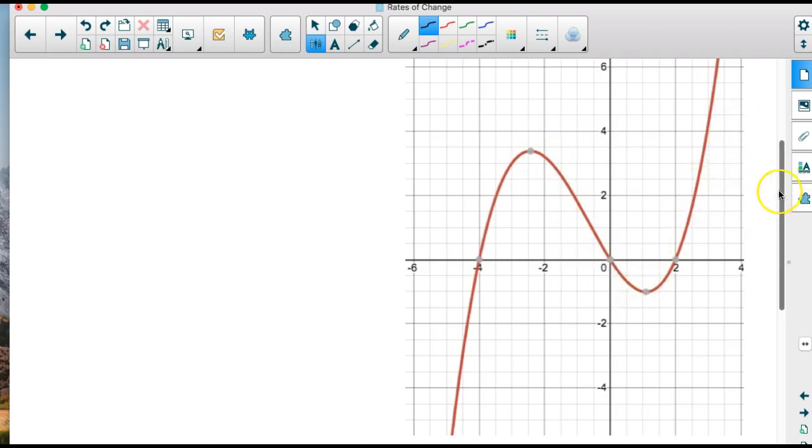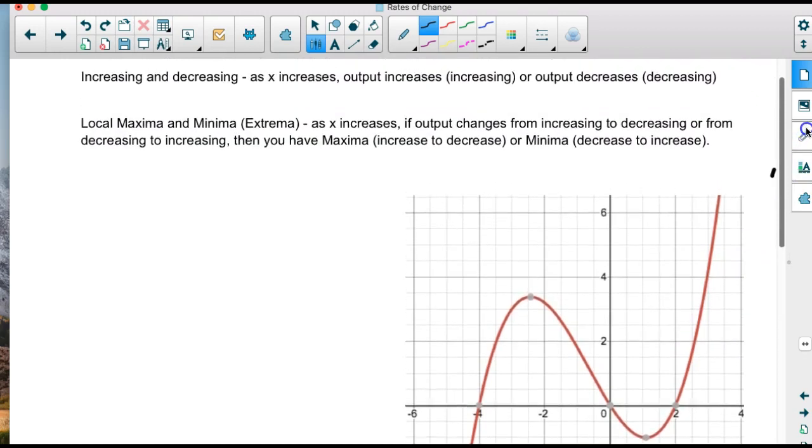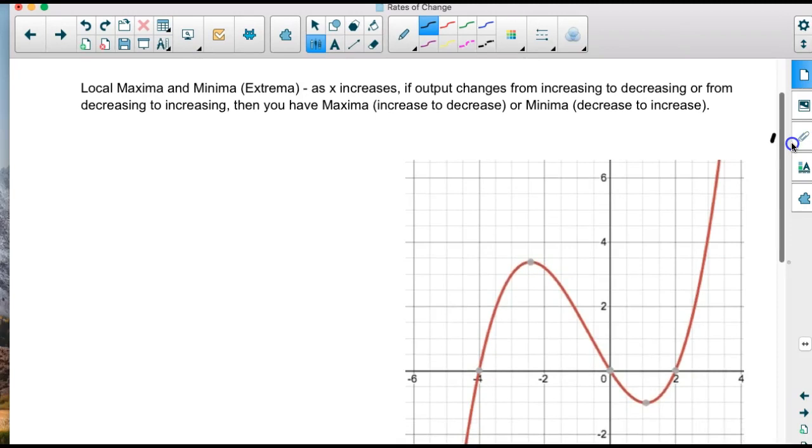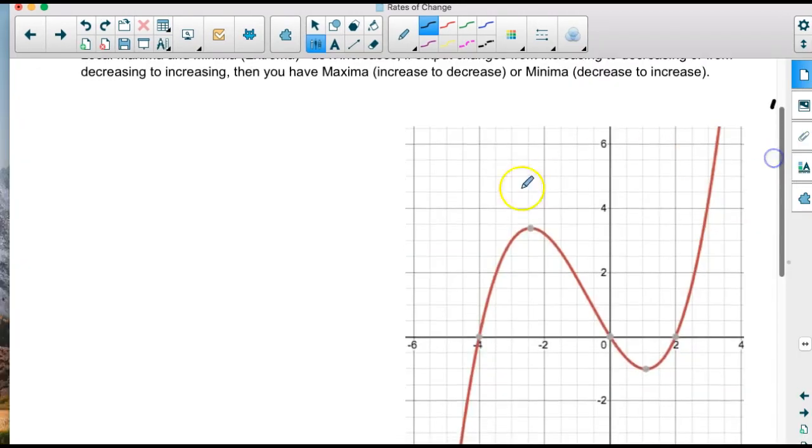So there's two places where it increases and one place where it decreases. Okay, and this point right here is called a maximum, or a maximum point, because it's increasing then decreasing. And this is a minimum point because we're decreasing then we're increasing afterwards. So this is the maximum point.